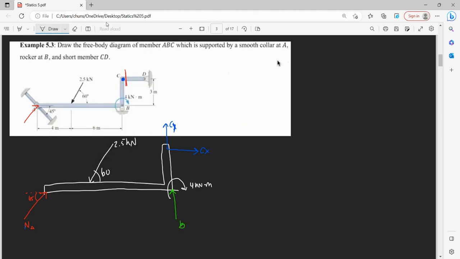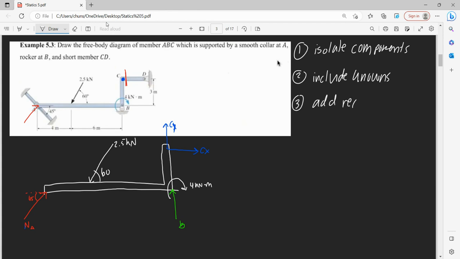So that is our first free body diagram. So what we want to do, we want to isolate any components. We want to include our knowns and add reactions. So specifically when you have Y and X reactions, just going to assume direction.